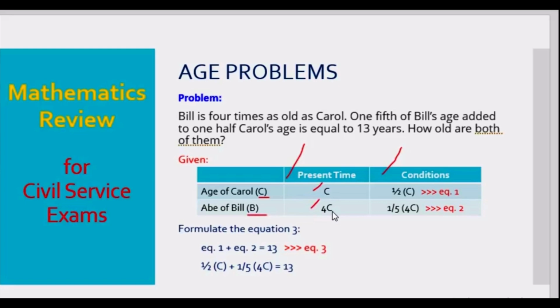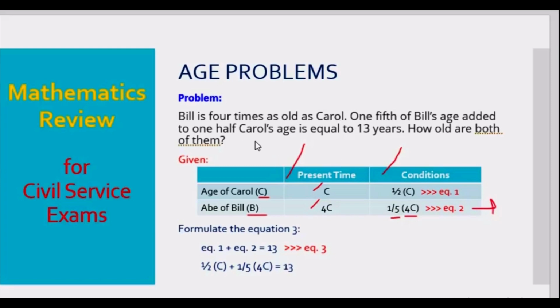So one of the conditions is 1/5 of Bill's age. So, ano yung edad ni Bill? 4C. 1/5. So, we'll just multiply. Okay. So, we'll put that as equation number 2. Kasi una siya nakalagay sa problem.